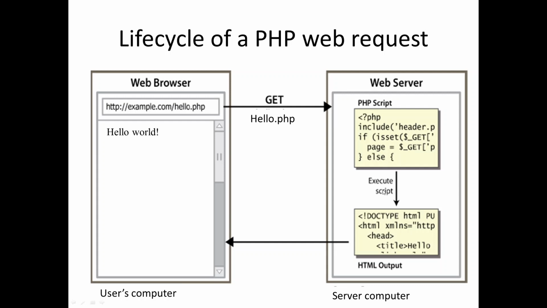So it executes that script. The execution will result in some HTML output or some textual output. The web server simply takes that output, puts it into the HTTP response body, and sends it back to the user's computer.